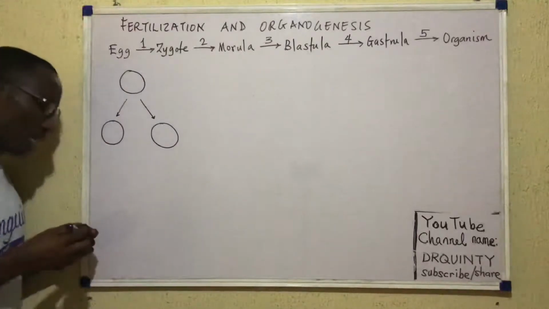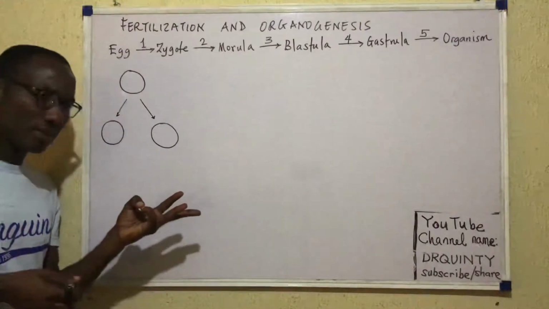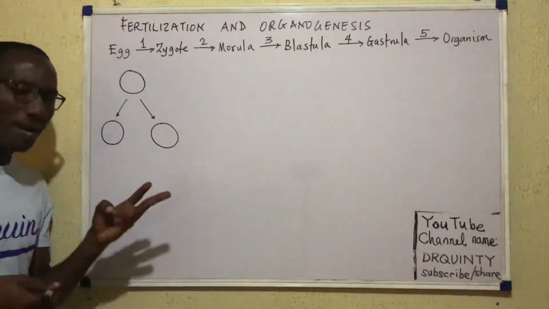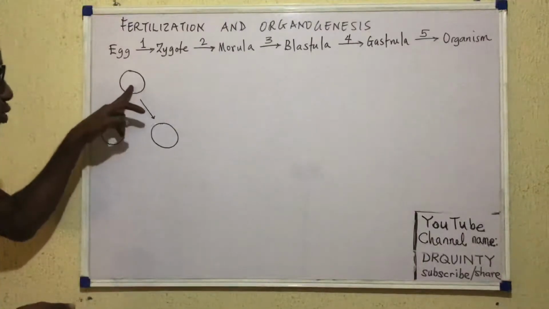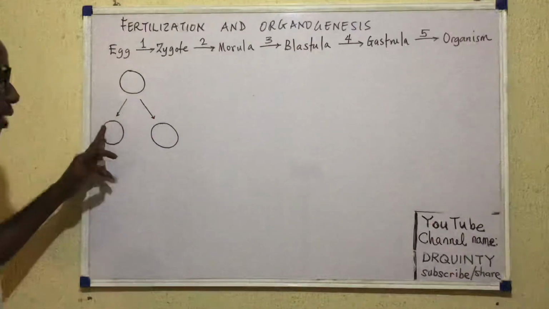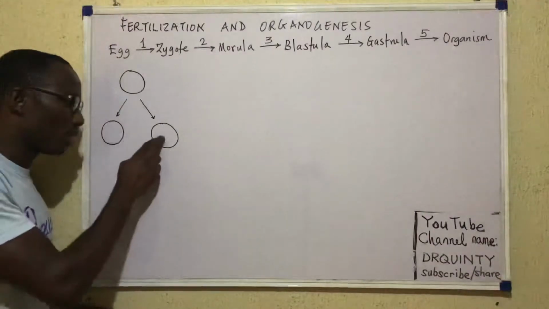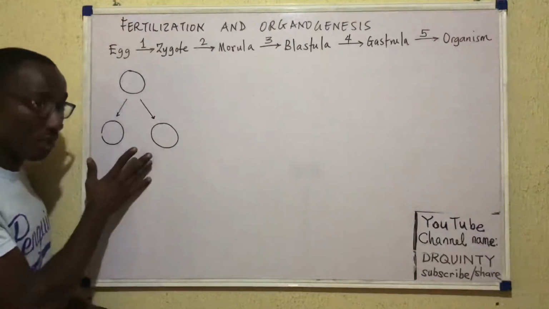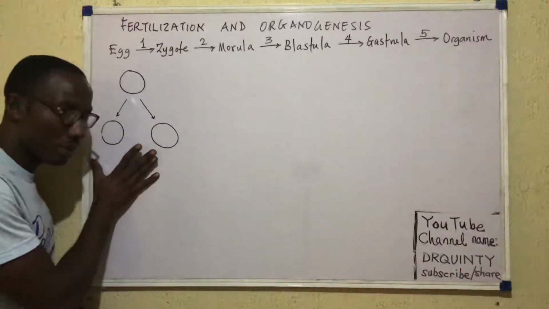Which means that when mitosis takes place, nuclear mass and cytoplasmic mass will increase. Ordinarily, if you were to divide this cell with your eyes, you would not get 2 cells this big. But how do the daughter cells become this big? Because there's an increase in their nuclear mass and cytoplasmic mass.